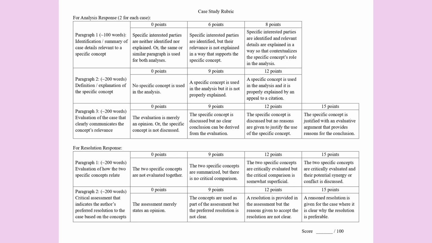The second paragraph in this analysis response section is just about explaining what the concept is that you selected, and you have to use a citation here. I've got to stress that I'm looking for you to incorporate some key piece of the reading or one of the readings to what's going on in this case. So make sure that you incorporate a citation in this second paragraph.